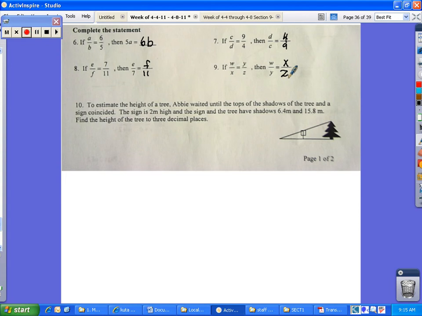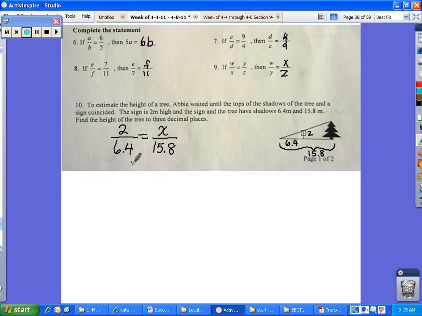All right, number 10, you know that the sign is 2 meters tall. You know that its shadow is 6.4 meters, and you know the shadow of the tree is 15.8 meters. So therefore, my proportion will be 2 over 6.4 equals x over 15.8.